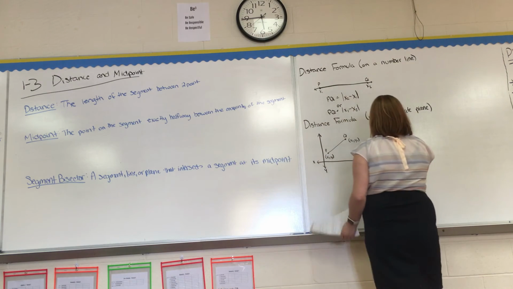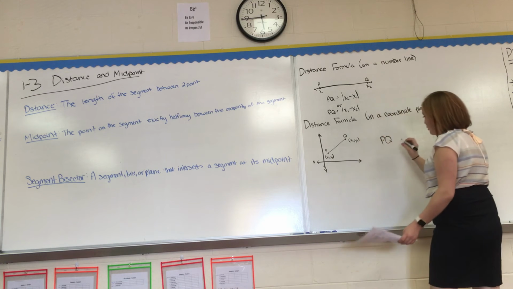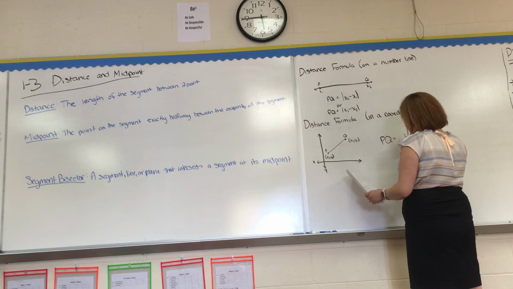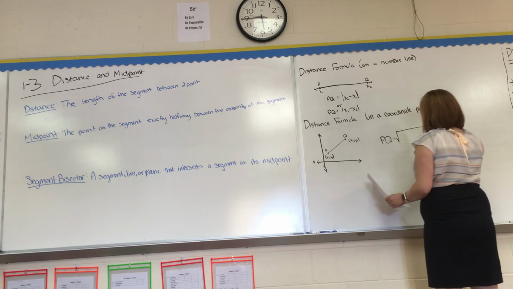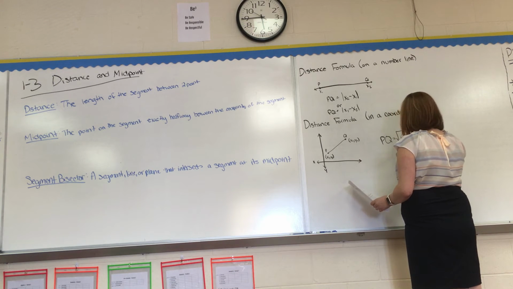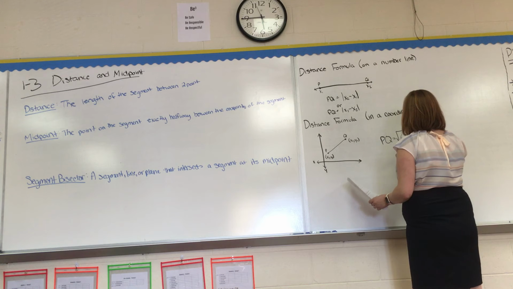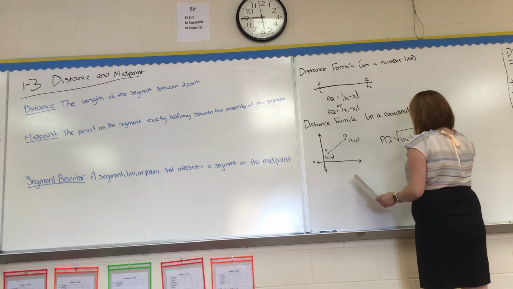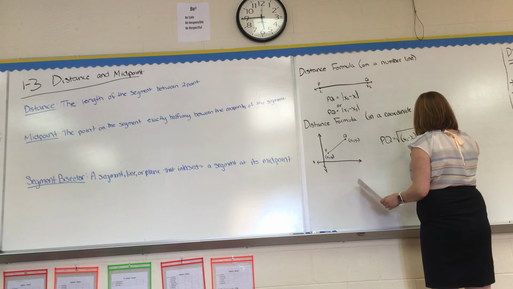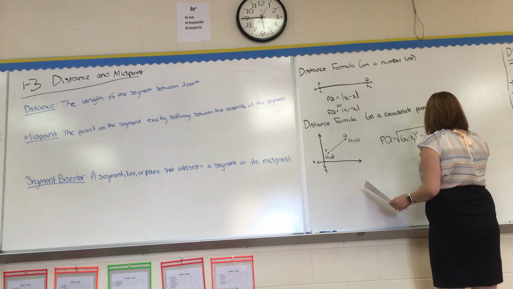So the formula for this is PQ, so that's the distance of the whole thing, equals the square root of x2 minus x1 squared plus y2 minus y1 squared.